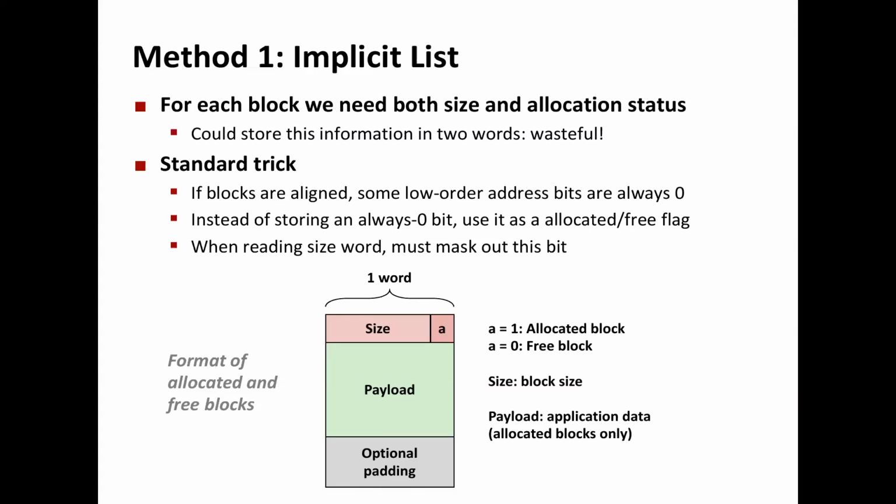So the lowest bit stays 0. So if I'm 4-byte aligned, how many bits should be zeros? 2, right? If I'm 8-byte aligned, 3, right? So it's 2 to the power of the number of bits, and that's going to be our alignment.